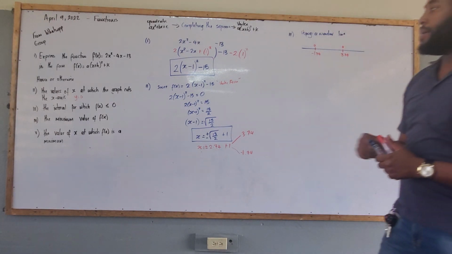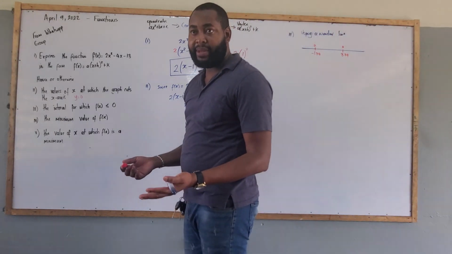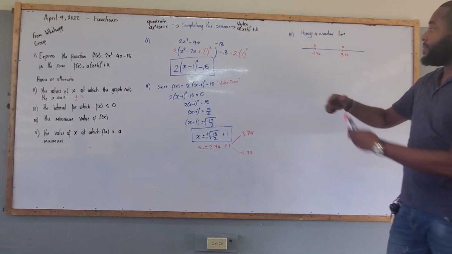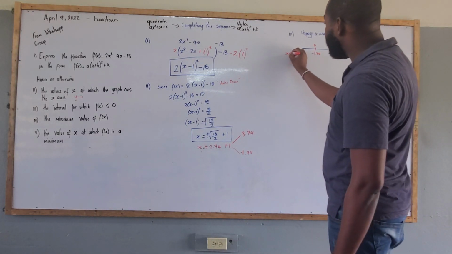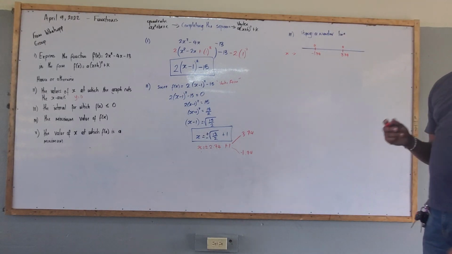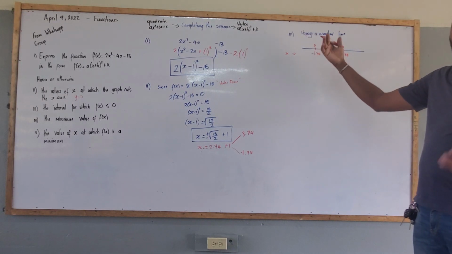Now, less than 0 means negative numbers. So I want to see for what x values, remember down here represents x values, my function is going to be either positive or negative. How am I going to find that?